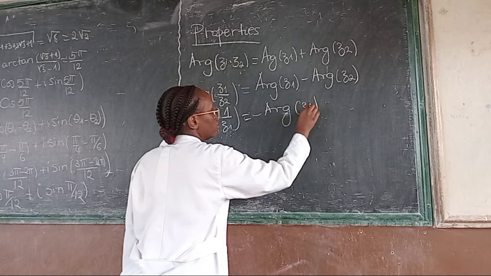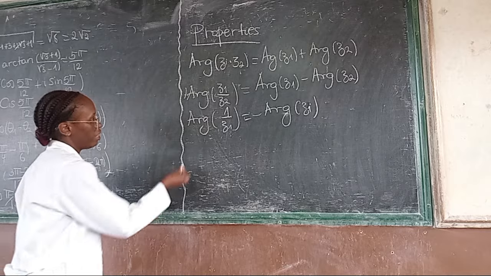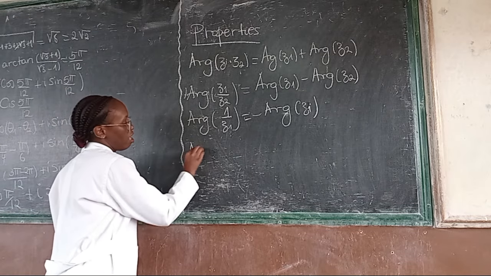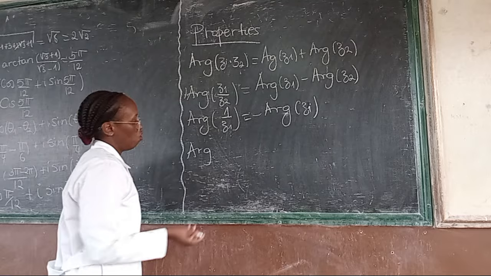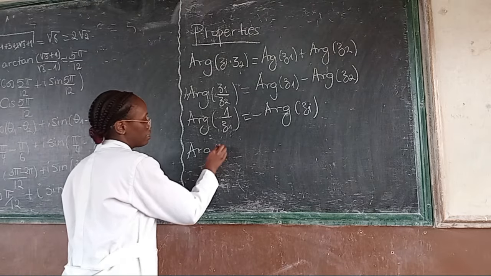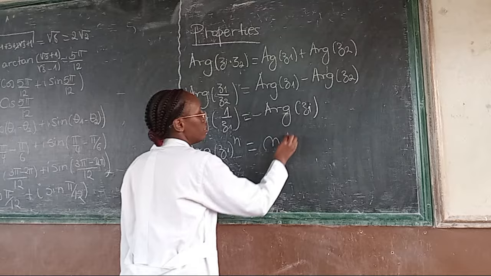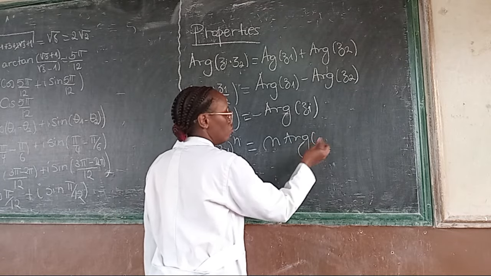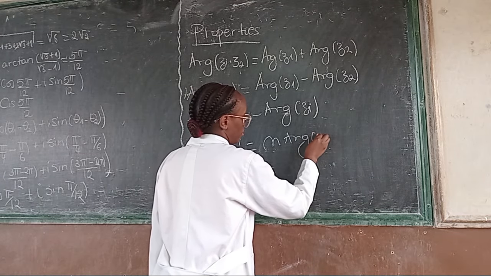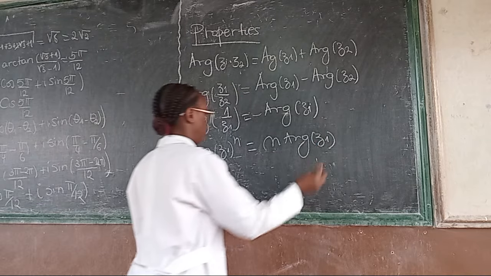Also, the argument of a complex number z to the power n is the same as n times the argument of z.